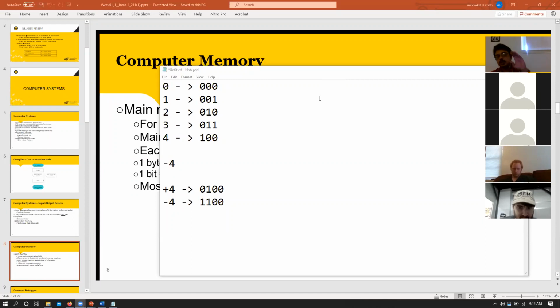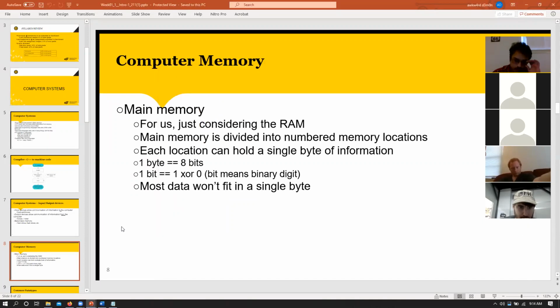But in general, just remember that your computer stores everything in terms of ones and zeros, even negative numbers. And for that matter, numbers are stored as ones and zeros, even decimal values.